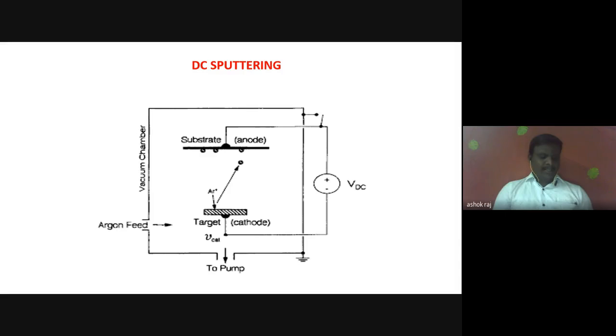The simplest and least expensive method of sputtering is DC sputtering, in which a DC power supply is used. The system is generally restricted to conducting materials, because a direct voltage is applied between the cathode and the anode. The sputter gas is typically an inert gas like argon, in order to avoid any possible chemical reactions between the sputtered atoms and the sputtering gas.